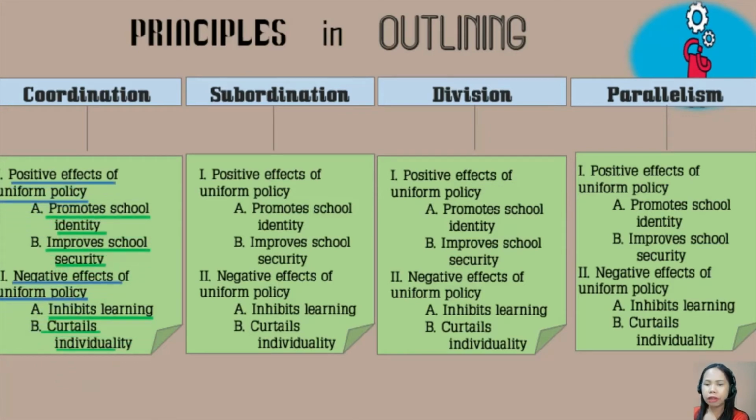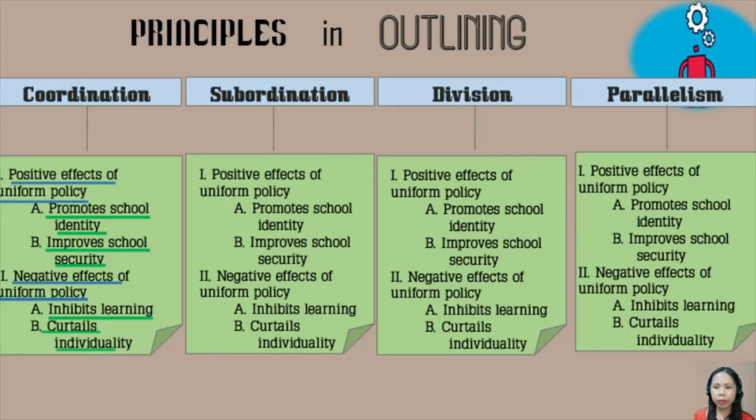The first level subdivision, Roman numeral I, labeled positive effects of uniform policy, is equal to the first level subdivision, Roman numeral 2, negative effects of uniform policy. The same thing goes for the second level subdivisions, A is equal to B, and if you're going to add another subdivisions, then they should be equal as well. In other words, coordination should be seen as having the same importance.